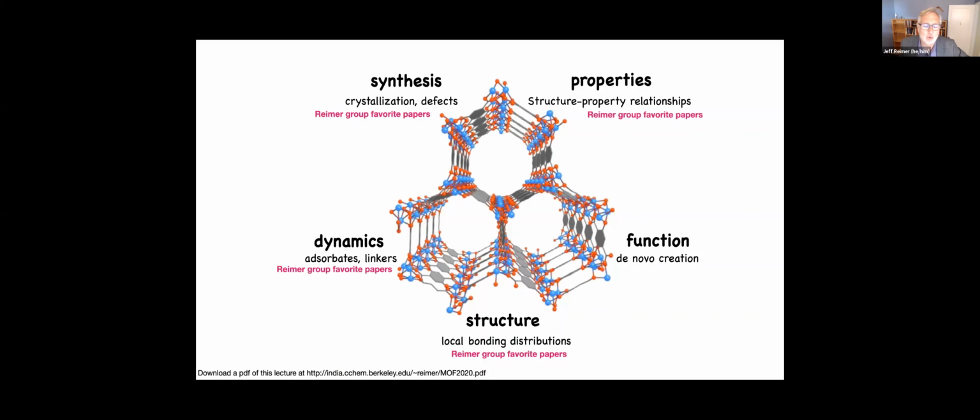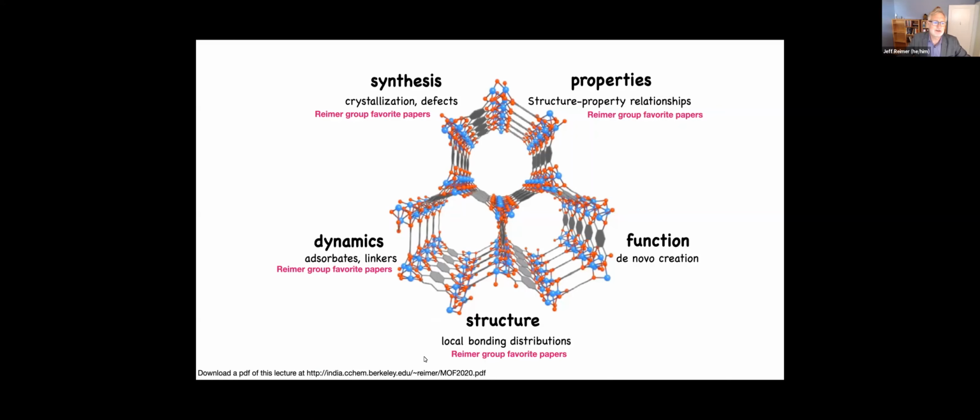I will, in the course of this talk, refer to papers in the literature. These are what I call the Reimer group favorite papers. They are not a comprehensive list, and my sincere apologies if your paper is not here. It's simply because in the time allotted, I just couldn't include all the works.